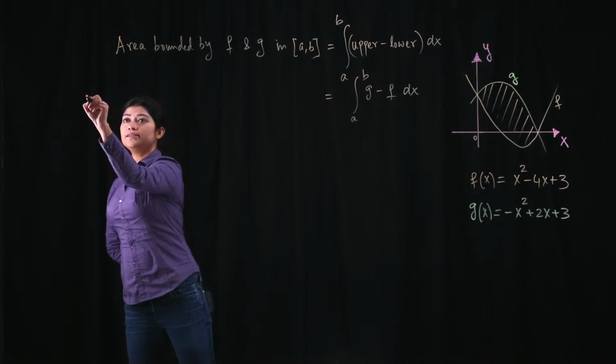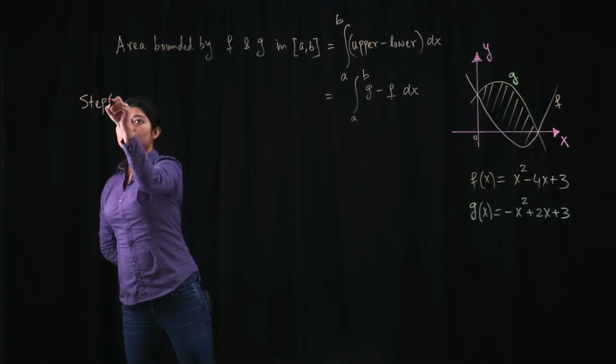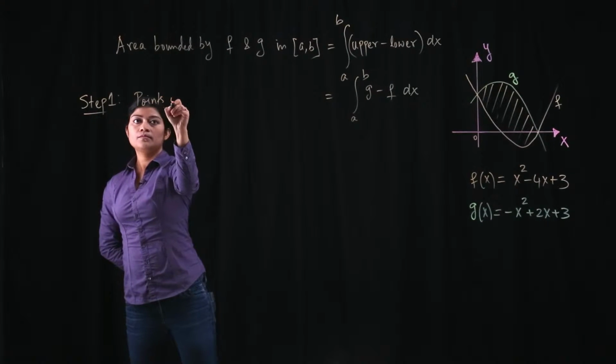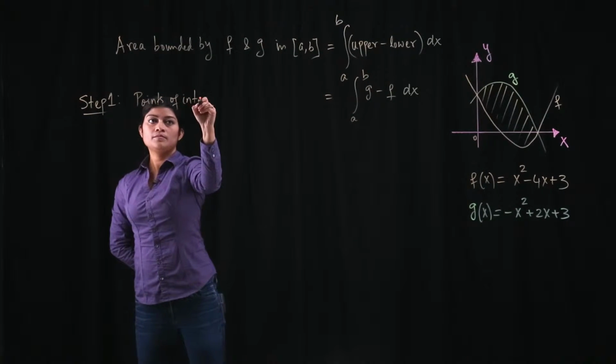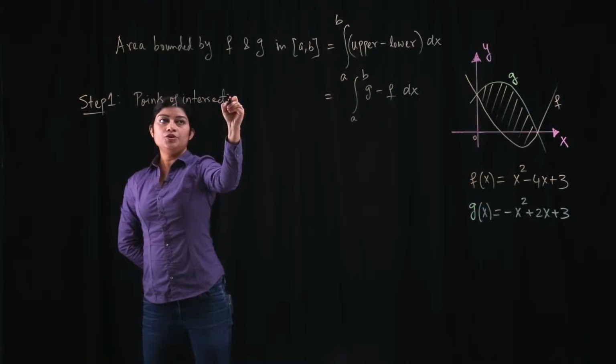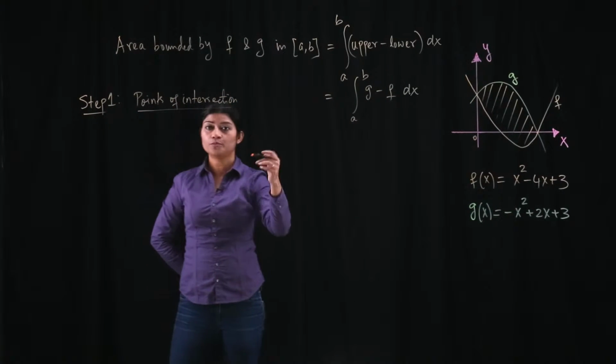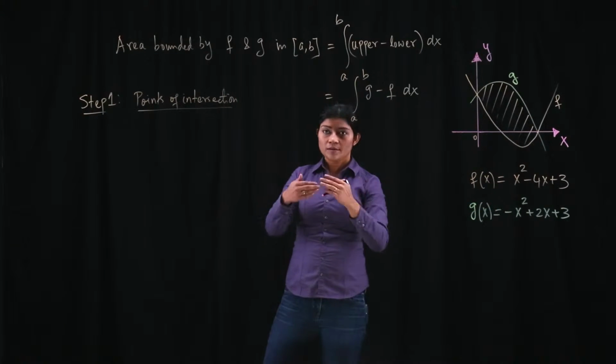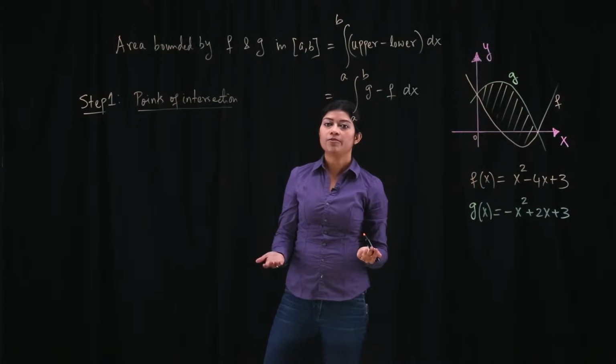So that will be step 1: find the points of intersection. Do you remember how to compute points of intersection? You just take the two function expressions, make them equal to each other, and solve for x.